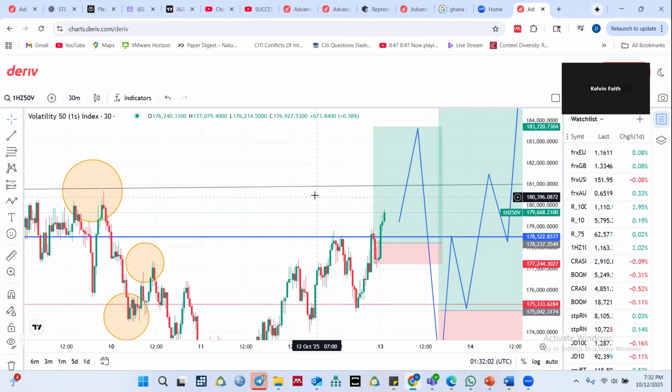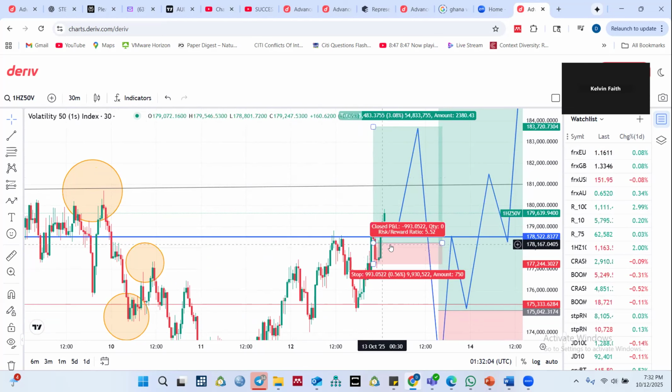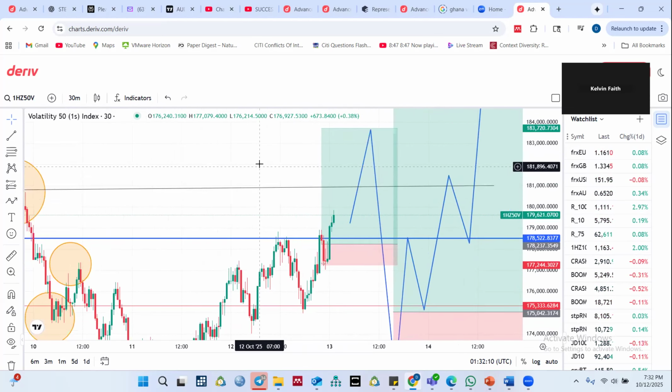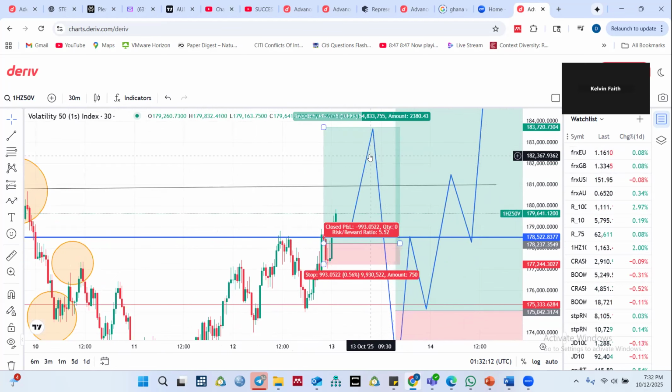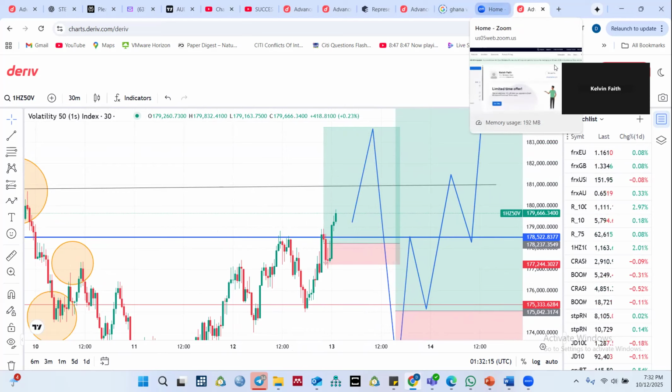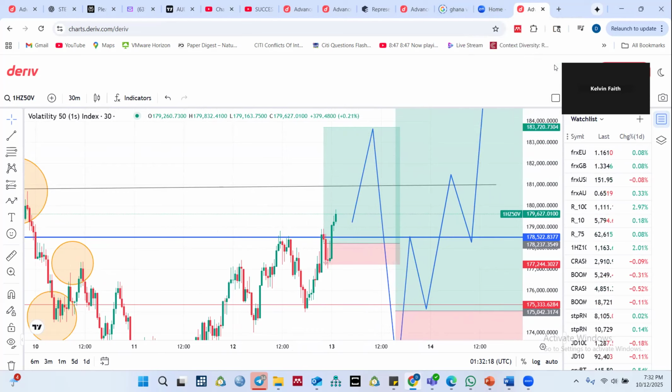As a matter of fact, I took the trade exactly on the black line. Yeah. So let's see how much I'm making right now. I'm not making much. Let's see how much I'm making now.